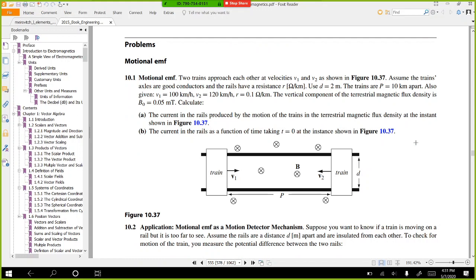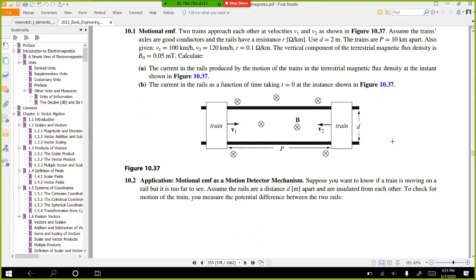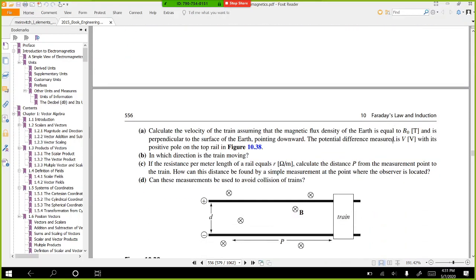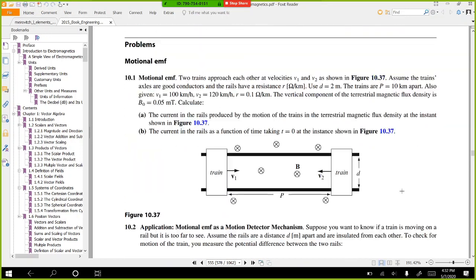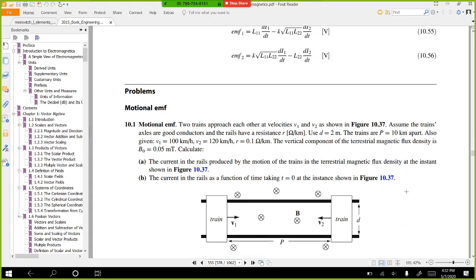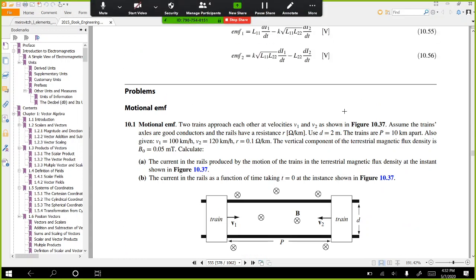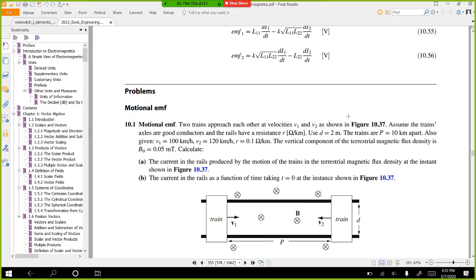Okay. Which problem do you want to see? First problem is not so difficult.